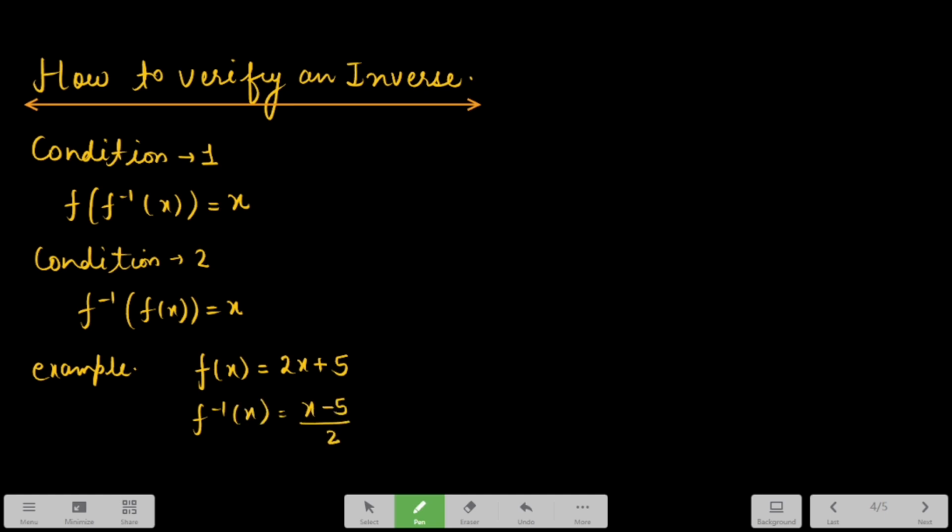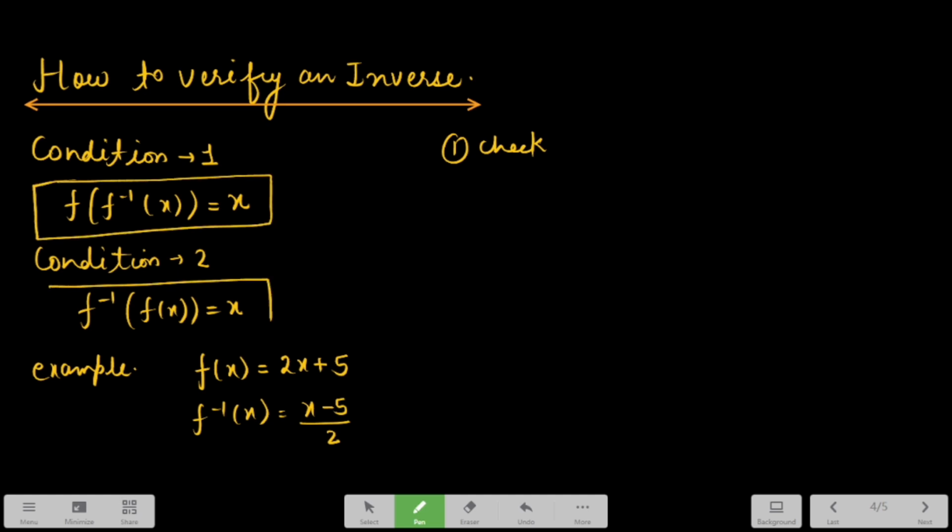So let's check the first condition. In the first condition, this expression should equal x. In the second condition, this expression should also equal x. So I'm checking the first condition. f(f inverse(x)) = 2 times f inverse(x) plus 5.